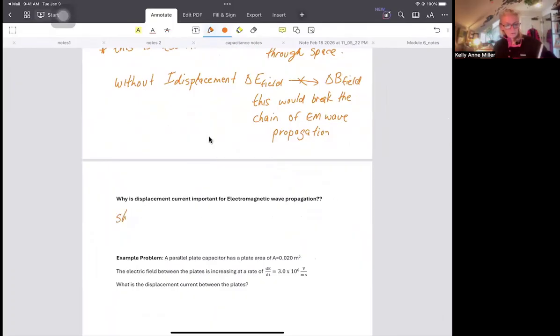Its existence is essential for showing that a changing E field leads to a changing B field, even in empty space, like in between the capacitor plates, without any moving charges.